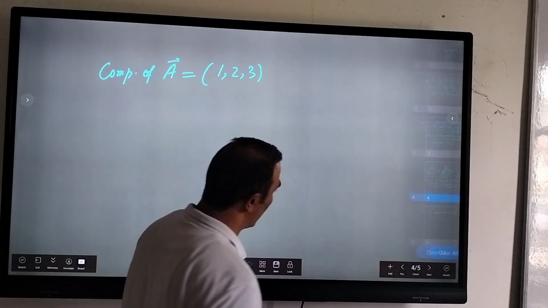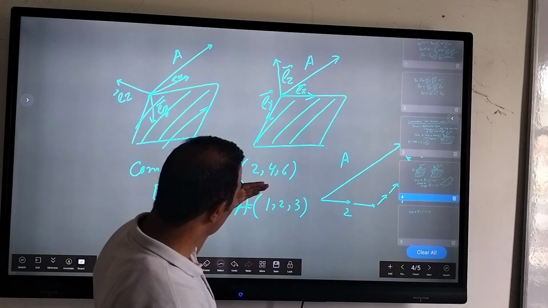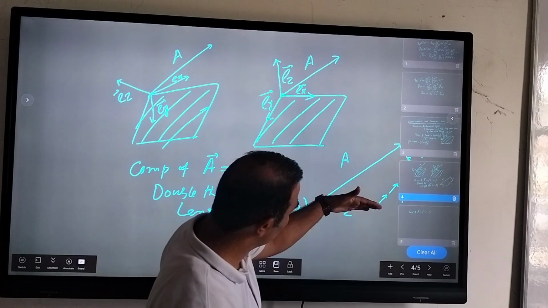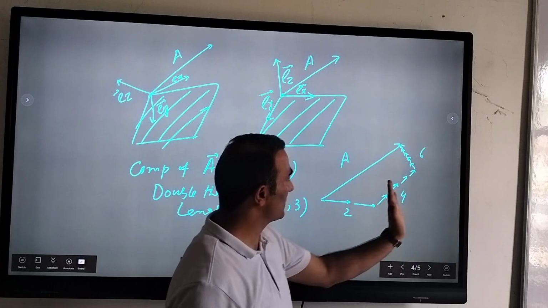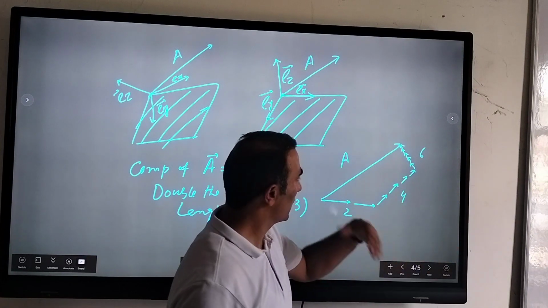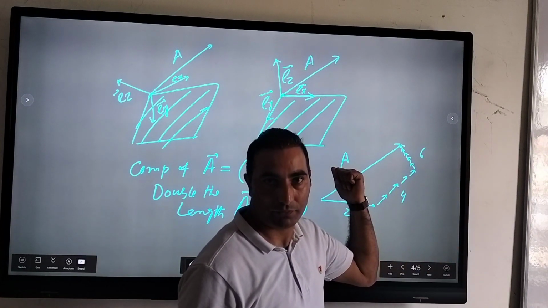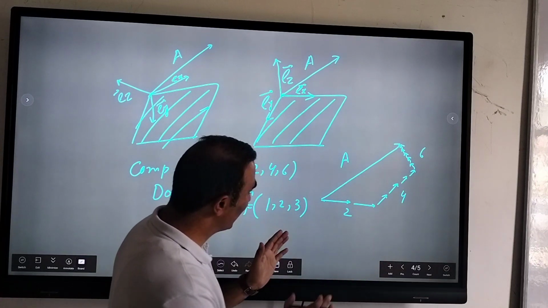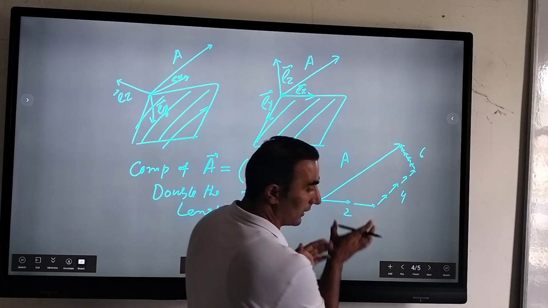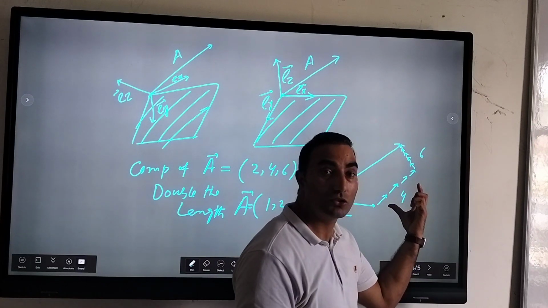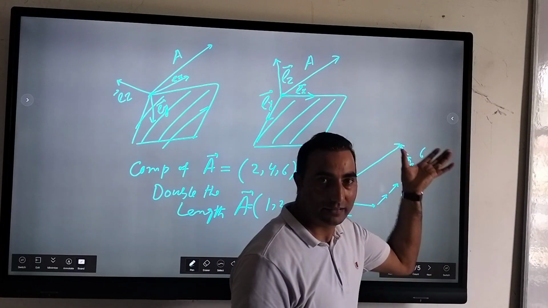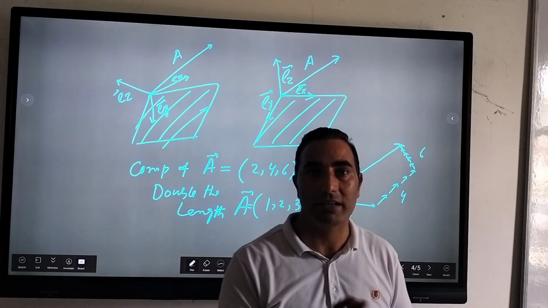Because if you remember, we were going 2 basis vectors along x, then 4 basis vectors along y, and then 6 basis vectors along z direction in order to achieve this vector, right? Now if we double the length, instead of these 2 basis vectors I'm only using 1 basis vector, instead of these 4 basis vectors I'm only using 2, and similarly for the z direction I'm using only 3 basis vectors, right?